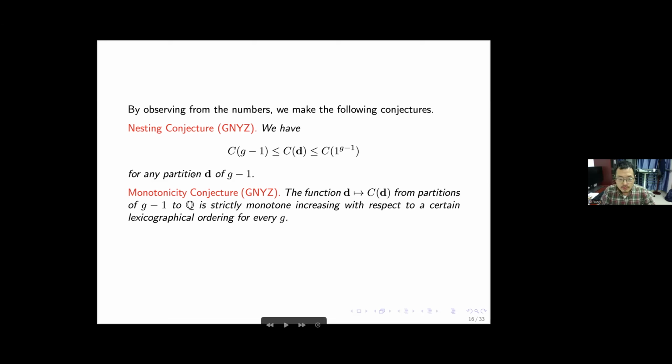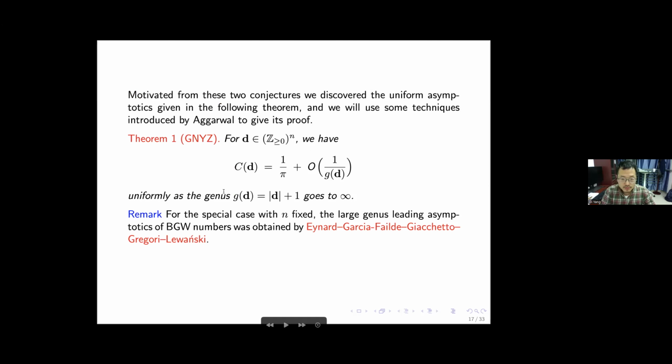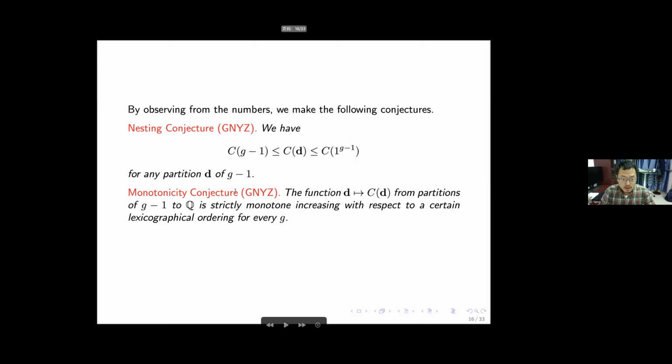But I want to say that although we have this theorem, we still do not have the proof of either the nesting conjecture or the monotonicity conjecture.